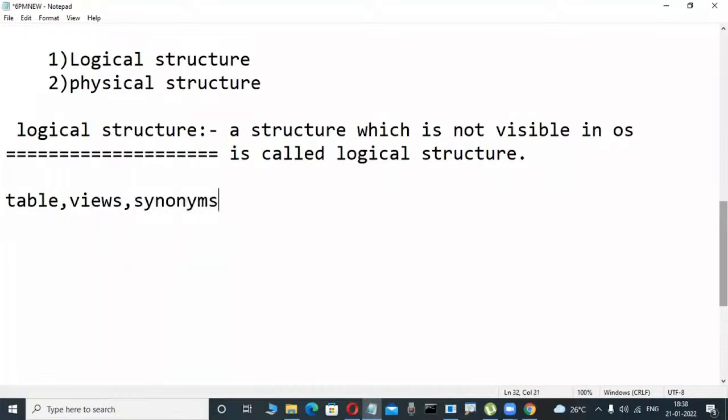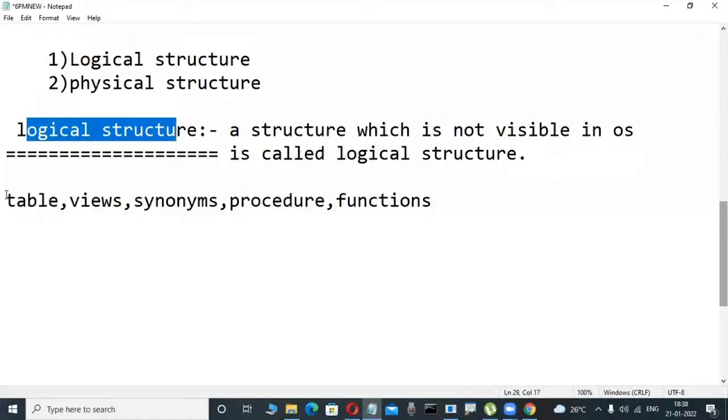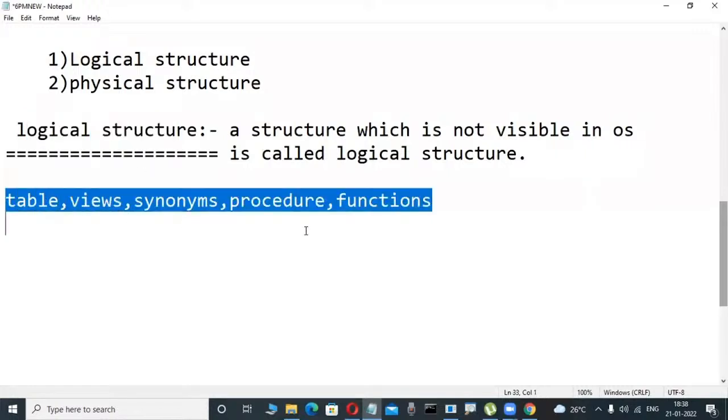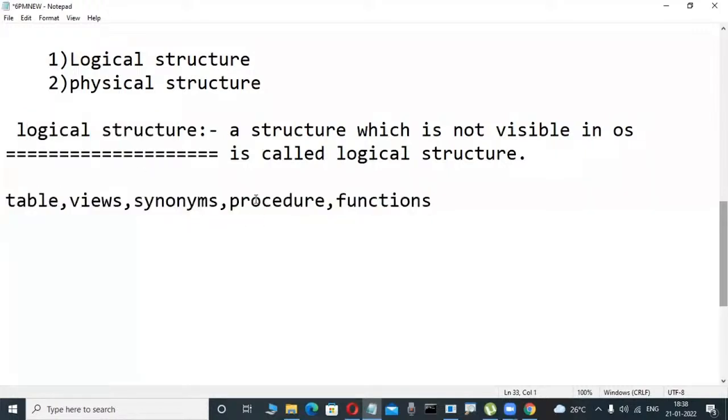These are all database objects. Procedures, functions, triggers, packages, so many things. These are all logical structure, not visible in the operating system. Whatever objects we are learning in our courses are not visible in the operating system.